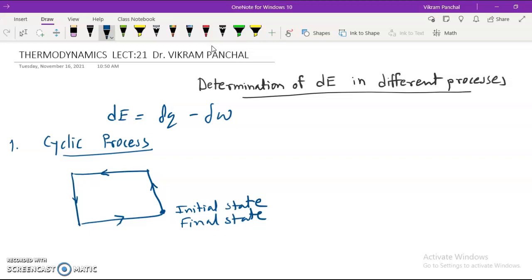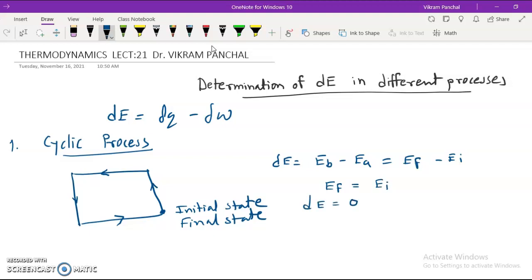And in a cyclic process, dE is equal to EB minus EA, that is, final minus initial. We write the internal energy of the final state minus the internal energy of the initial state. But in this case, the final state is equal to the initial state and therefore dE is equal to 0.